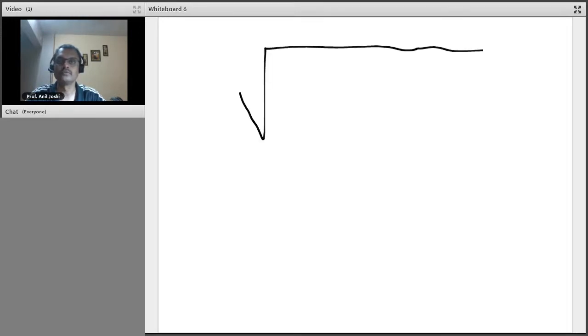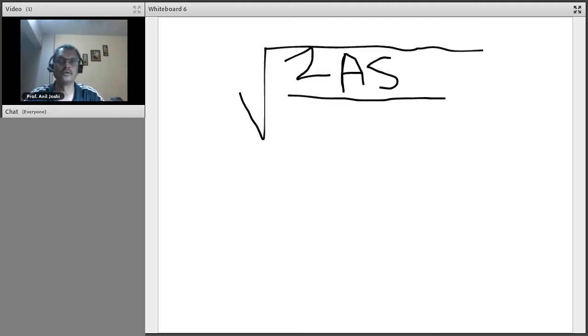Square root of 2A, and instead of O it is setup cost, divided by your carrying cost per unit per annum. Correct?